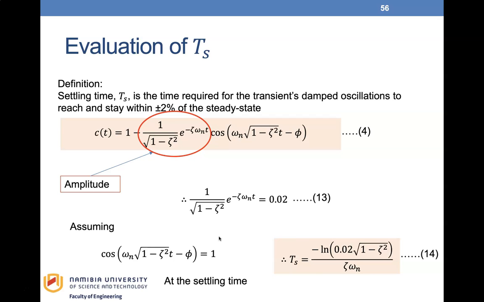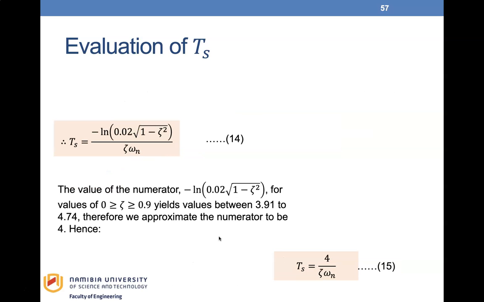The value of the numerator of equation 14, minus log 0.02 square root 1 minus zeta squared, for values of zeta greater than or equal to 0 and less than or equal to 0.9 yields values between 3.91 to 4.74.